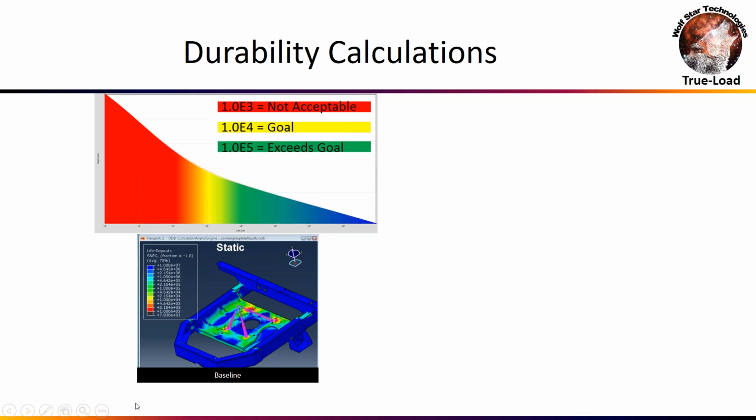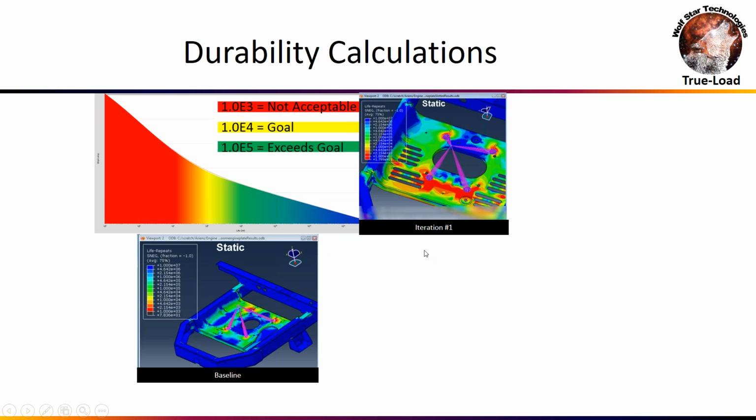So here are the durability results on their initial design. Here are the durability calculations. Their goal is to be at 10,000 cycles. So when we look at these durability plots, we want to see yellow, green, or blue. There's some red here because of our RBE for the lump mass in the engine. And then look at this.